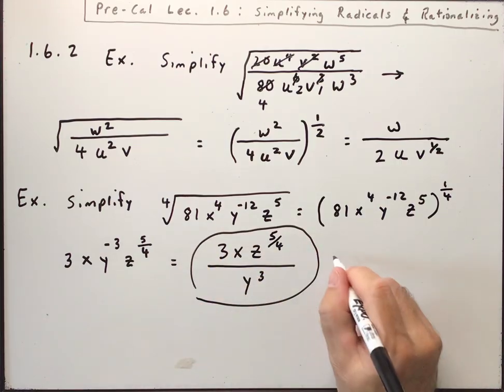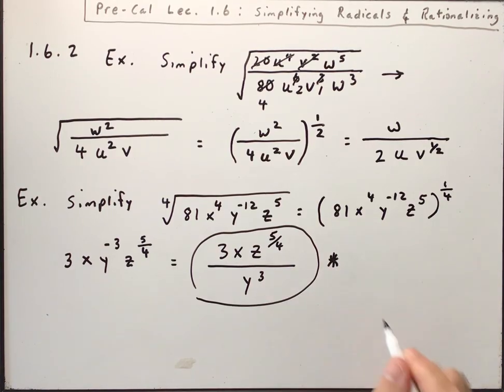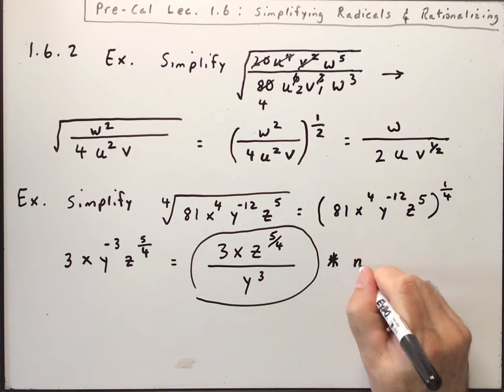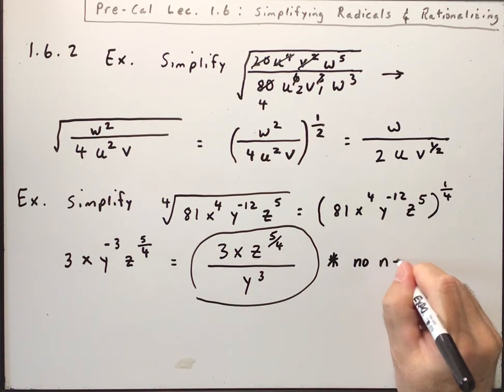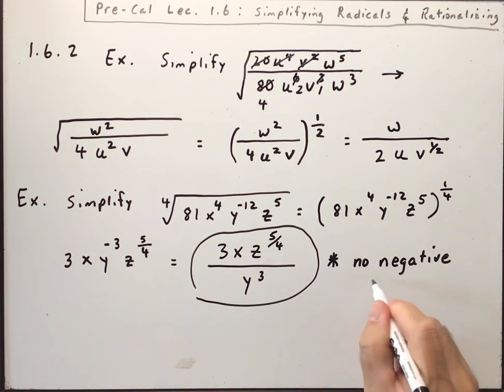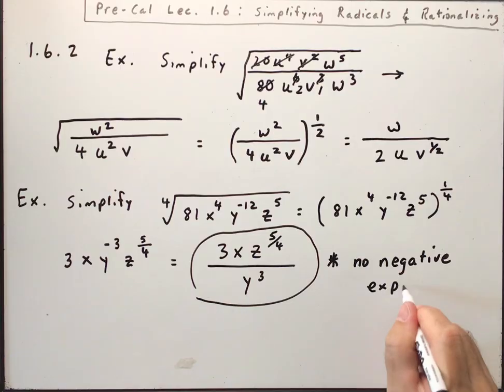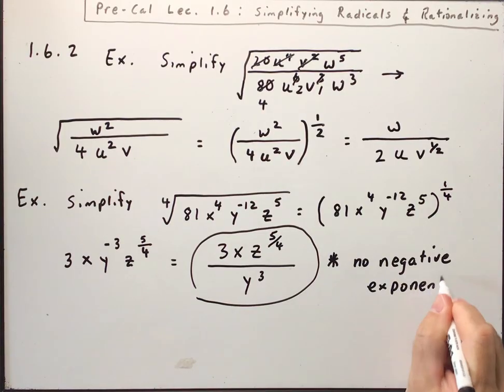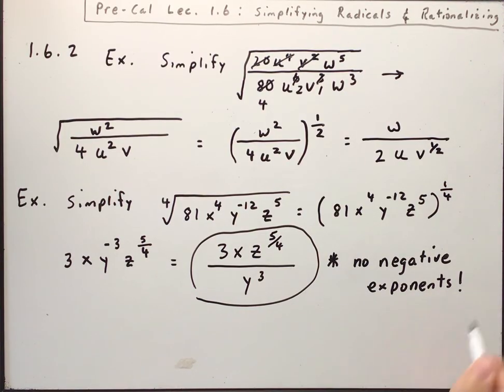So I want you to asterisk the rules I want you to follow. No negative exponents in your final answer. You can have negatives along the way, but I want you to remove them before you circle the final answer.